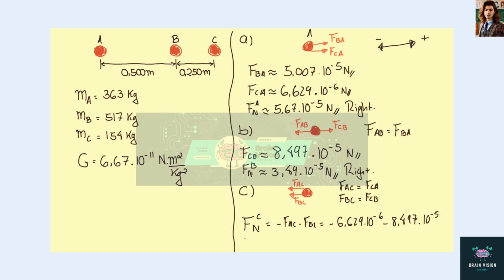And this gives us a net force of approximately minus 9.16 times 10 to minus 5 newtons. Of course, we have a minus sign here, therefore this net force points to the left.